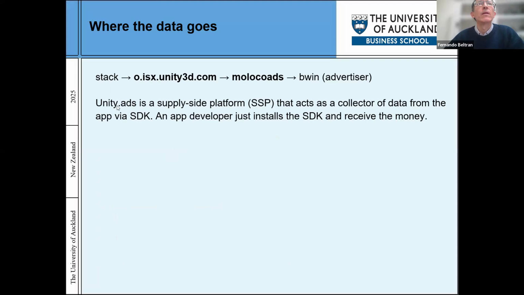So in summary, Unity Ads is a supply-side platform that acts as a collector of data from the app via a software development kit. An app developer just installs that and receives the money.